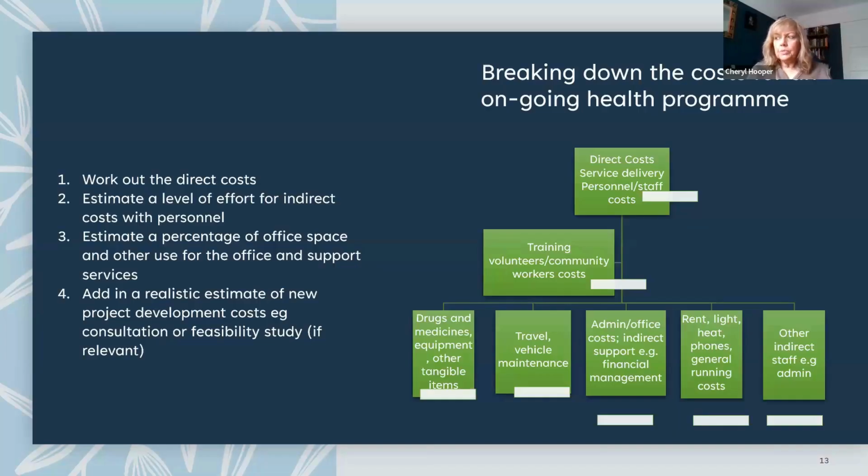So this is important so that when grant applications are written, it should be possible to include some overhead costs in your grant applications. And if you receive funding from other sources, such as individuals or fundraising activities, if you know your operational costs, you can then take a percentage of that donation and allocate it to your core costs.